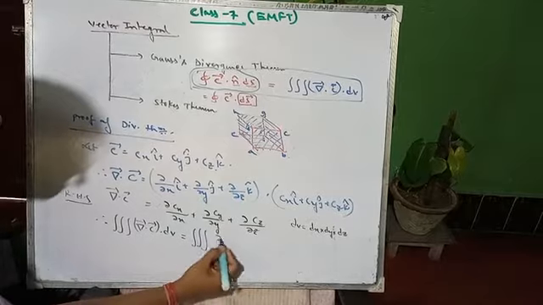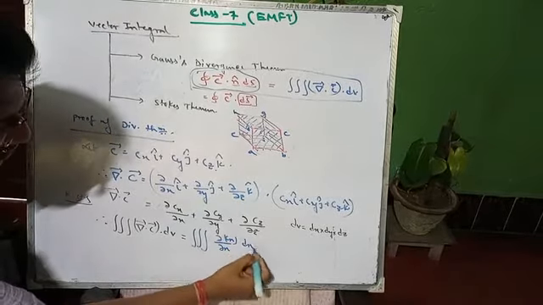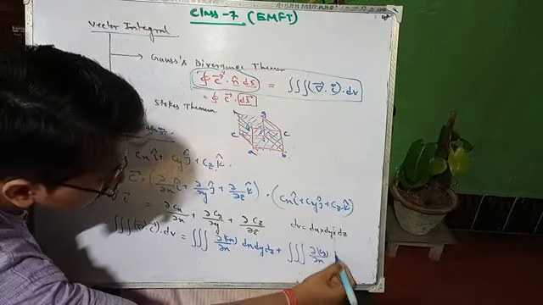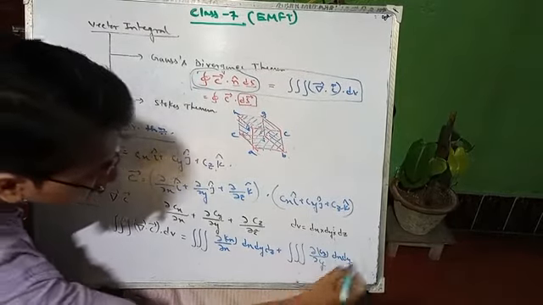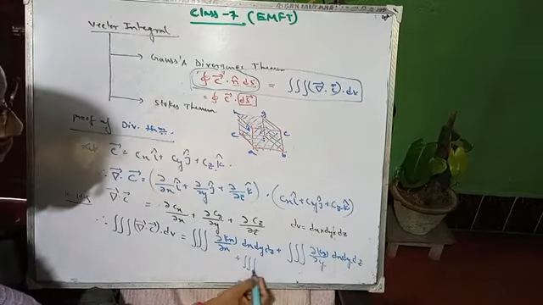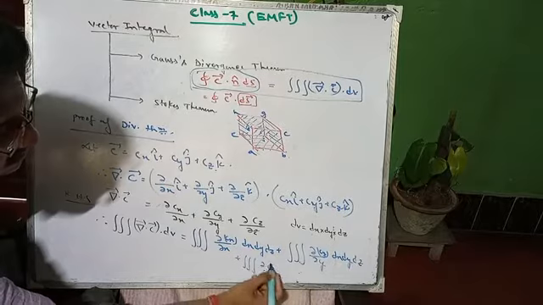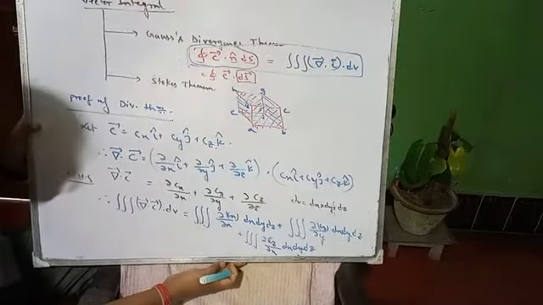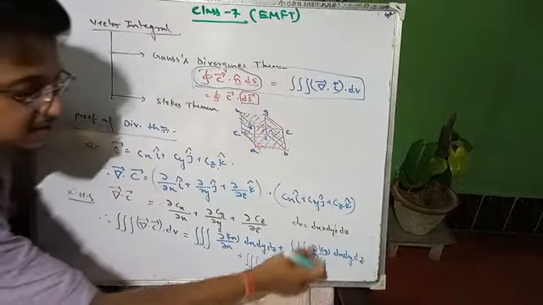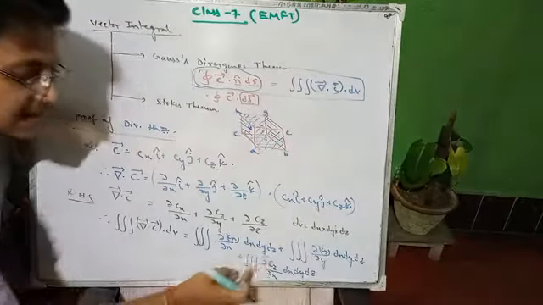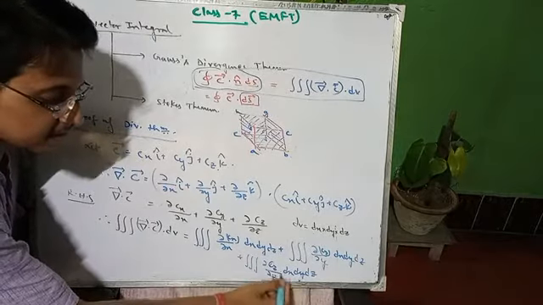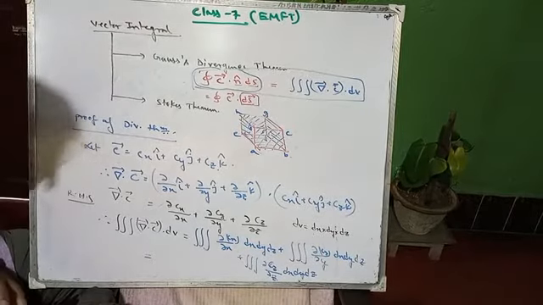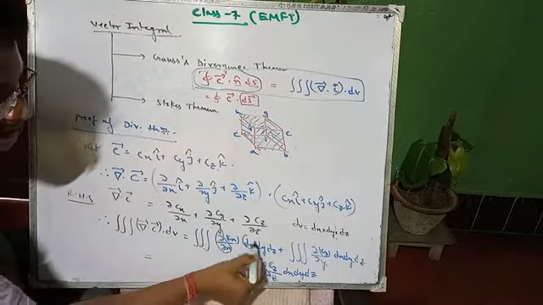It will be the volume integration of del Cx by del x into dx dy dz, plus the volume integration of del Cy by del y into dx dy dz, and plus the volume integration of del Cz by del z into dx dy dz.